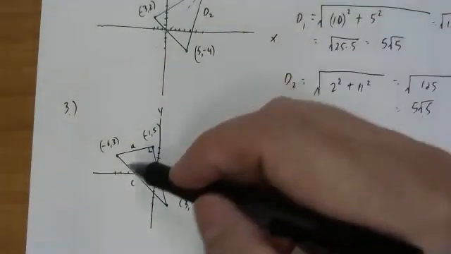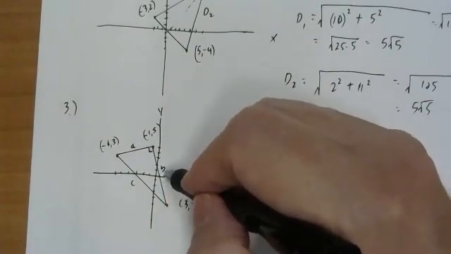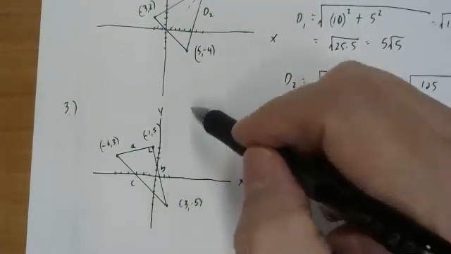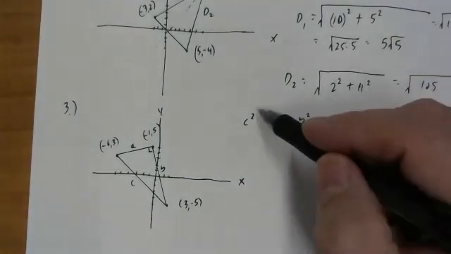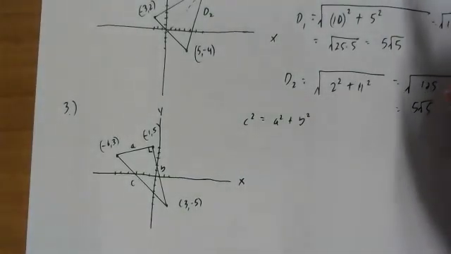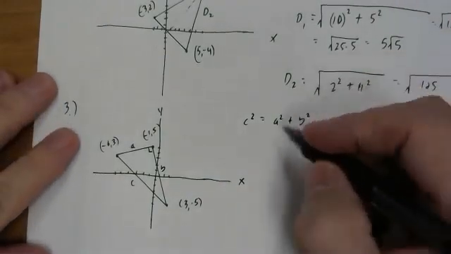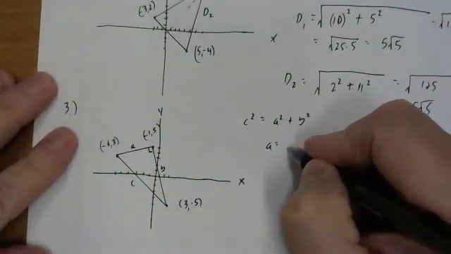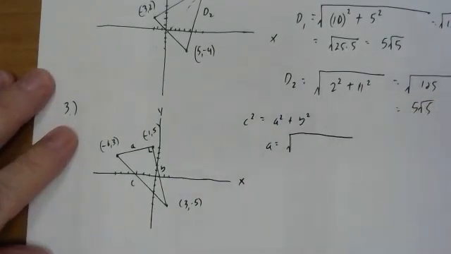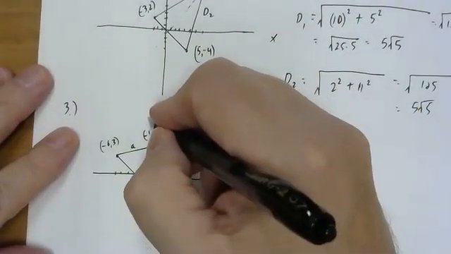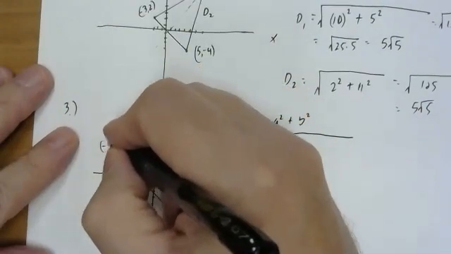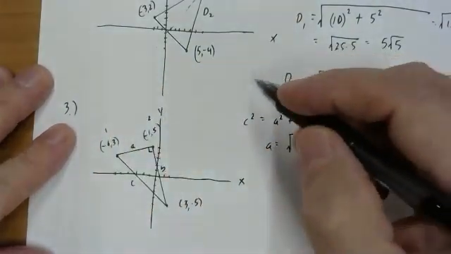So basically, I'm going to have to use the distance formula 3 times to find the length of 3 sides and then plug it in and see if this equation is true. So for A, distance formula, I'll call this point 2 and this point 1.